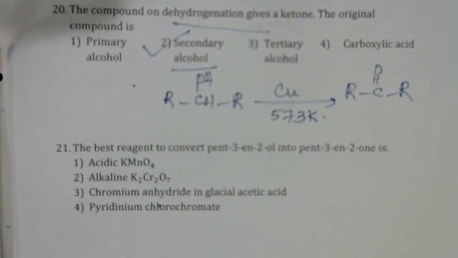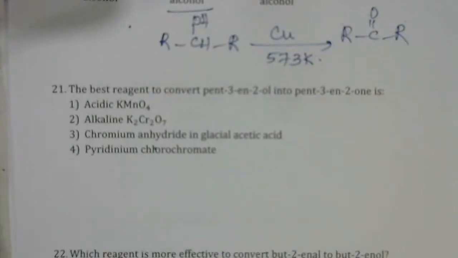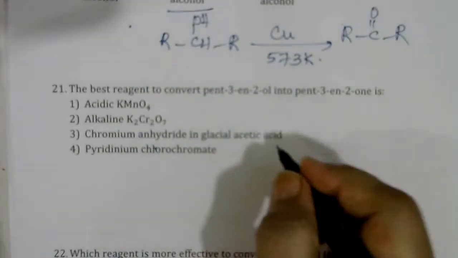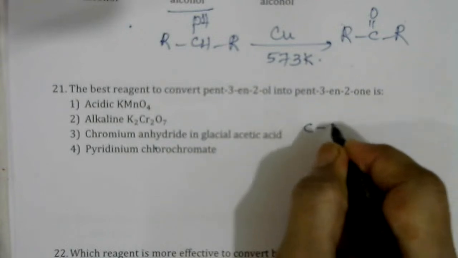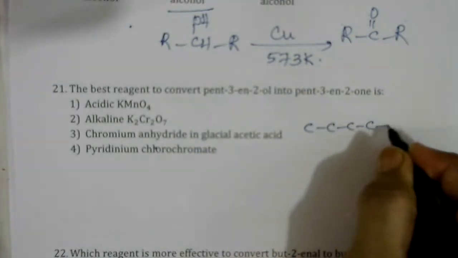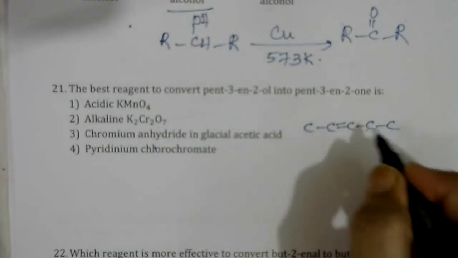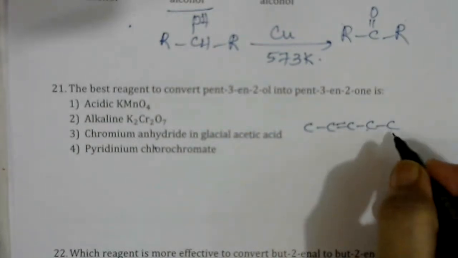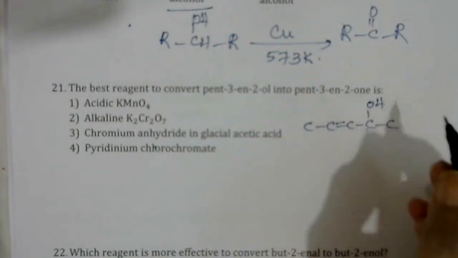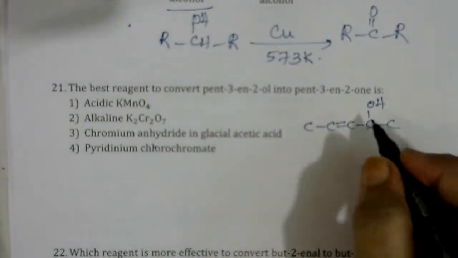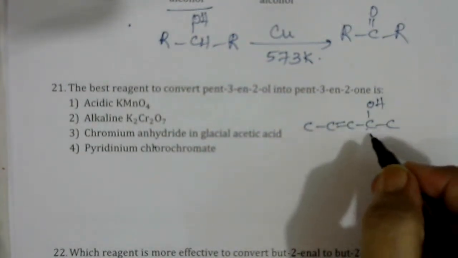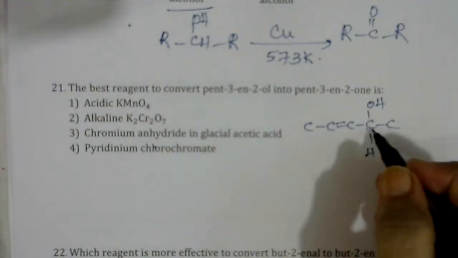The best reagent to convert pent-3-en-2-ol into pent-3-en-2-one. Pent-3-en-2-ol is converted into pent-3-en-2-one, because it is a kind of secondary alcohol.